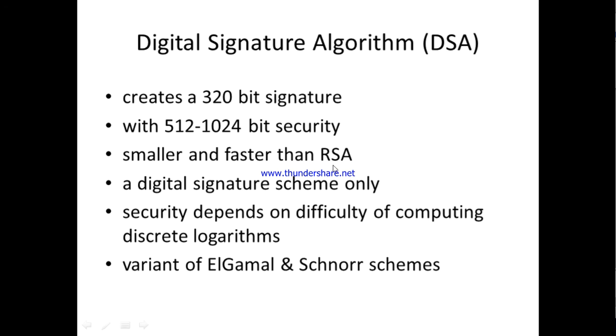We'll compare RSA and DSA and see how they differ. It is a digital signature scheme only, not used for encryption and decryption. RSA can be used for encryption and decryption, but the digital signature algorithm can be used only for digital signatures.